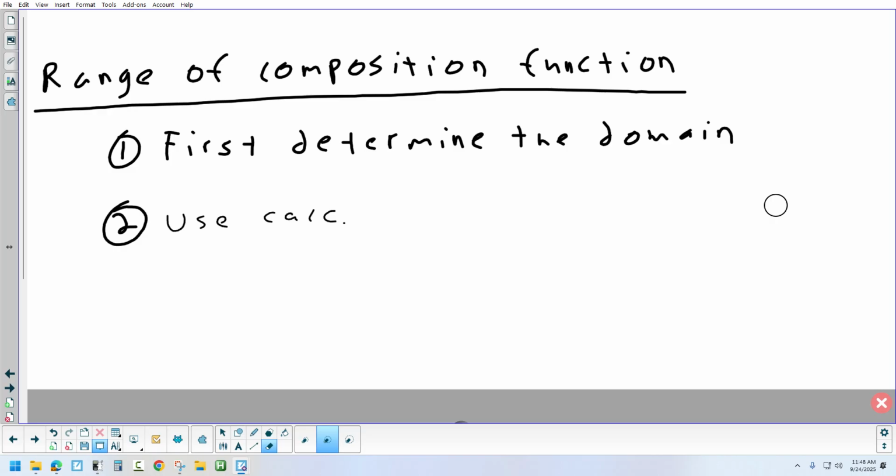It doesn't mean you don't have to know how to do the domain. You still need to know how to do that because that's going to set your window. If you don't know your domain, you're not going to be able to set the window on the calculator correctly. So find the domain first, set your window, then you'll be able to get your range.